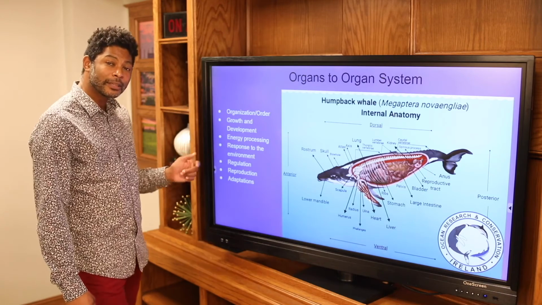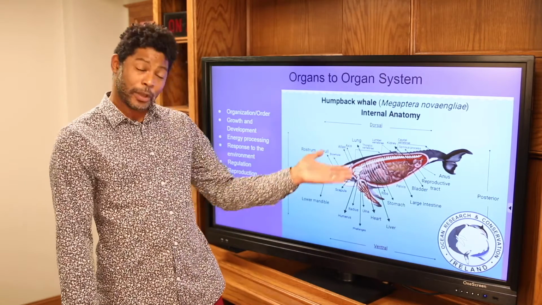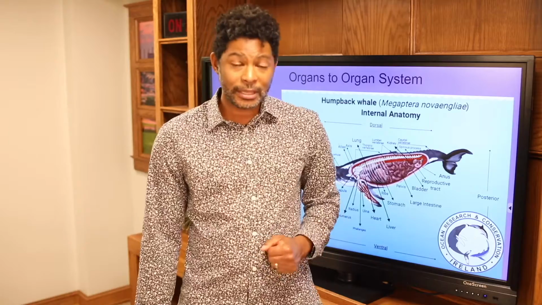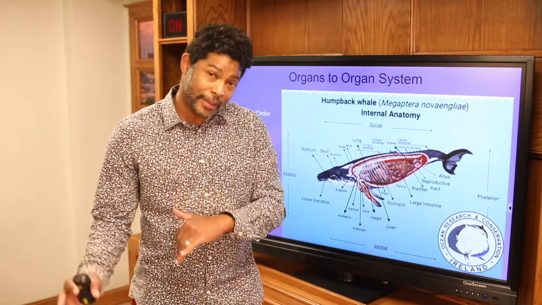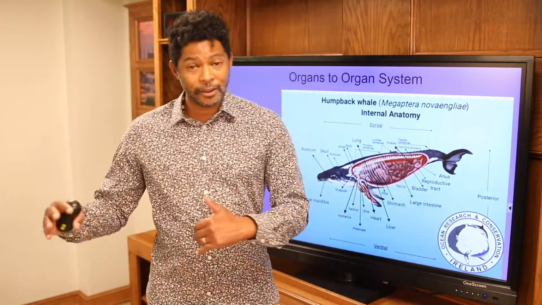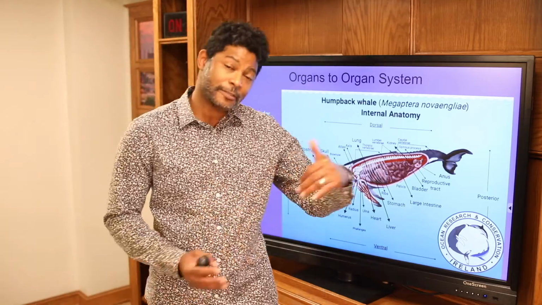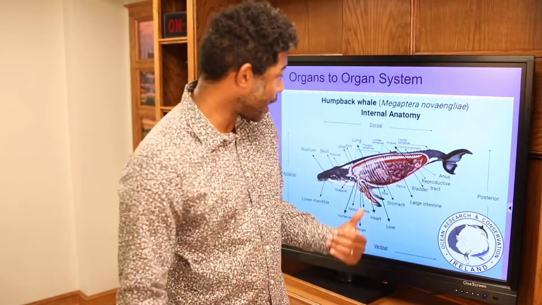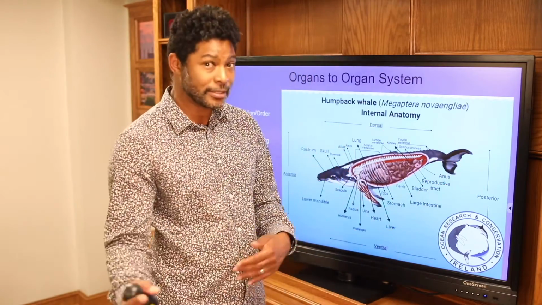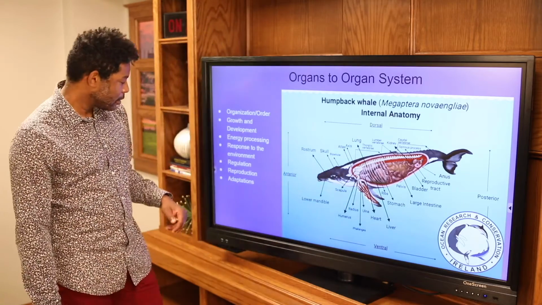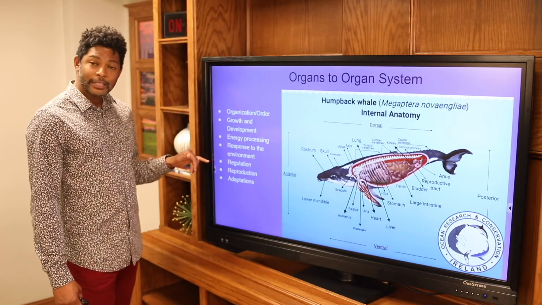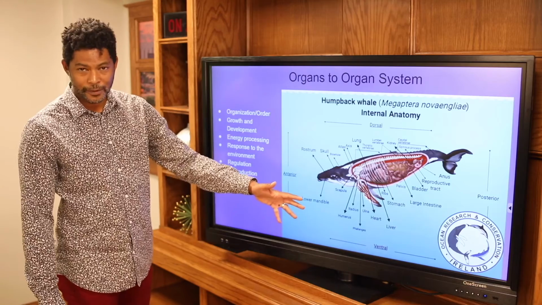Respond to the environment. If you notice, whales move around. Part of the reason is that you have a current. What does the current do? The current takes the food from place to place. How do they respond to that? They go from place to place. Regulation. All organisms have to regulate.